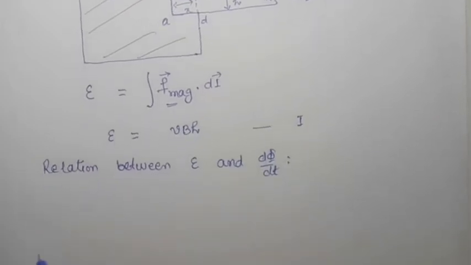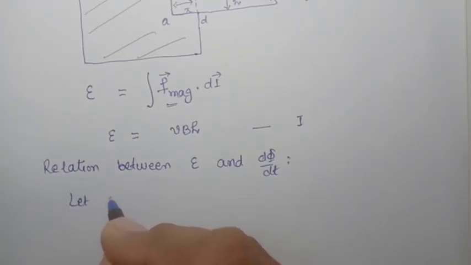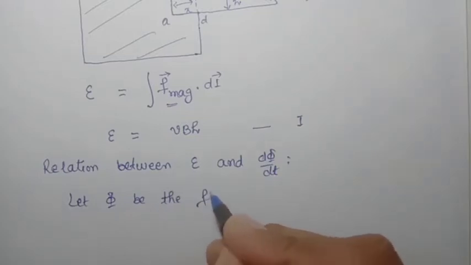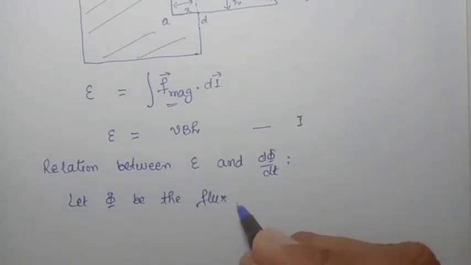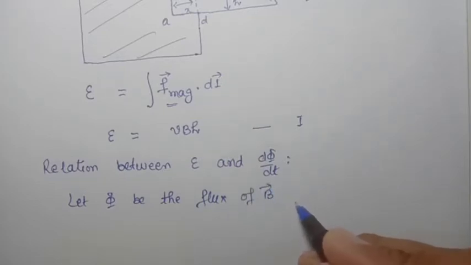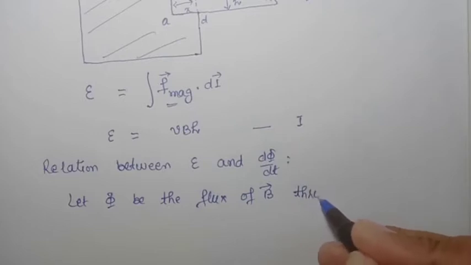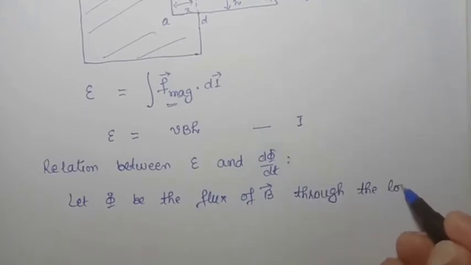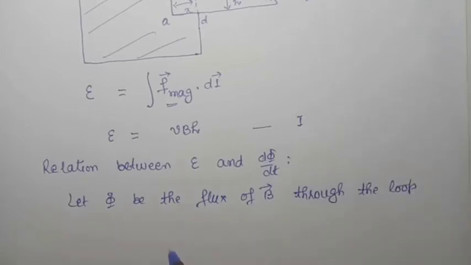So here let phi be the flux of magnetic field B through the rectangular loop, then phi is equal to the integral of B dot dA.